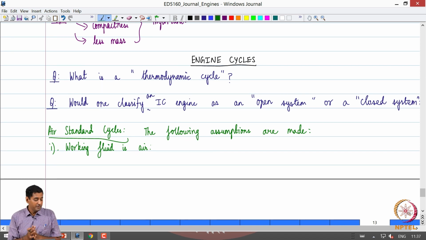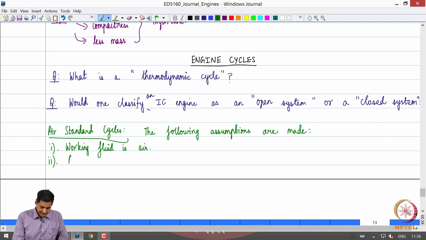So, obviously the equations that we get by analyzing engines as air standard cycles are going to be a mathematical model, and as we know a mathematical model is only an approximation of the actual system's performance. So, the tighter our approximation, that is, the fewer assumptions we make, maybe we expect to move closer to the real system's performance.